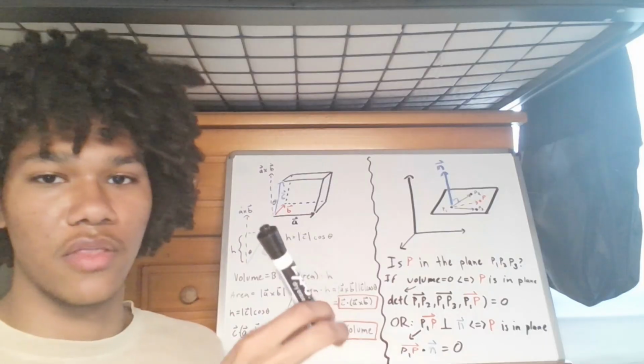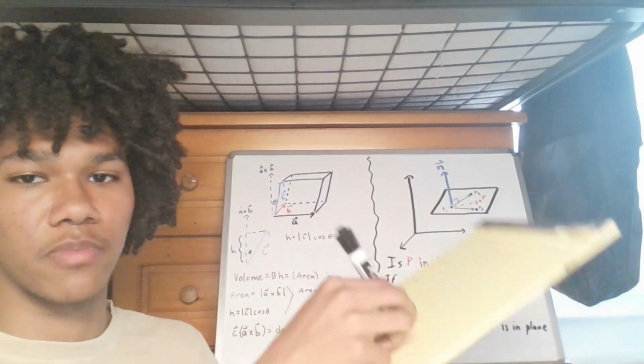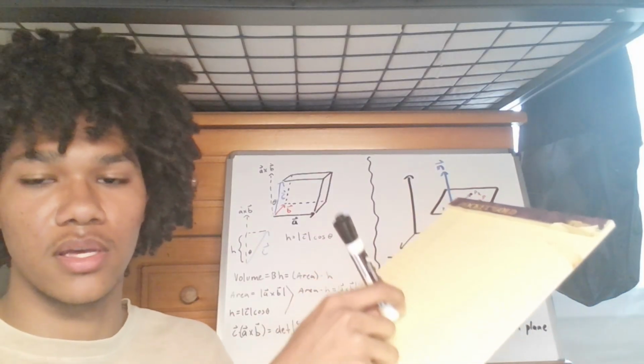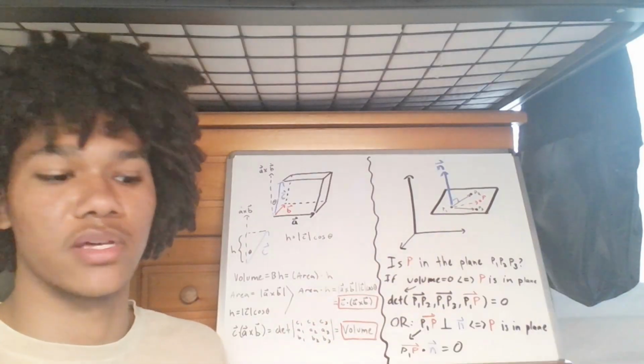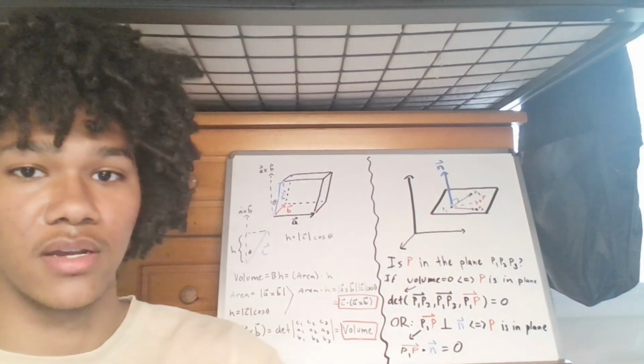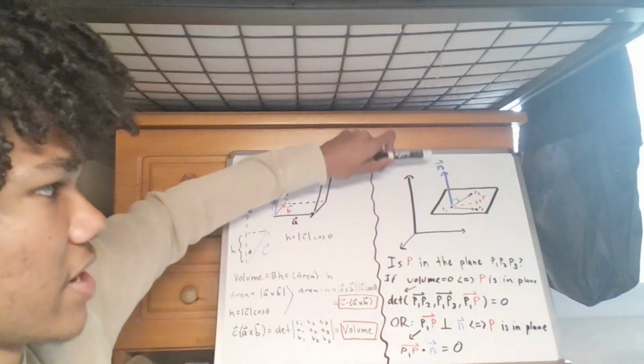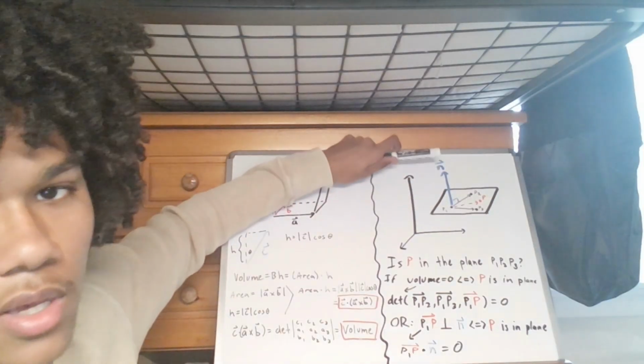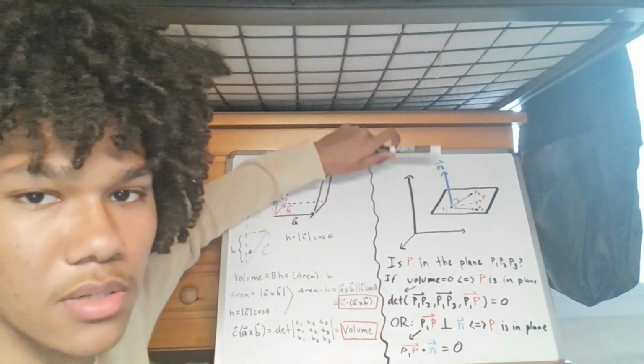So again, the normal vector, the vector that points perpendicular to a plane, is also a unique representation of a plane. Given that, go back to this image right here. This blue vector will be the vector perpendicular to the plane, vector n.